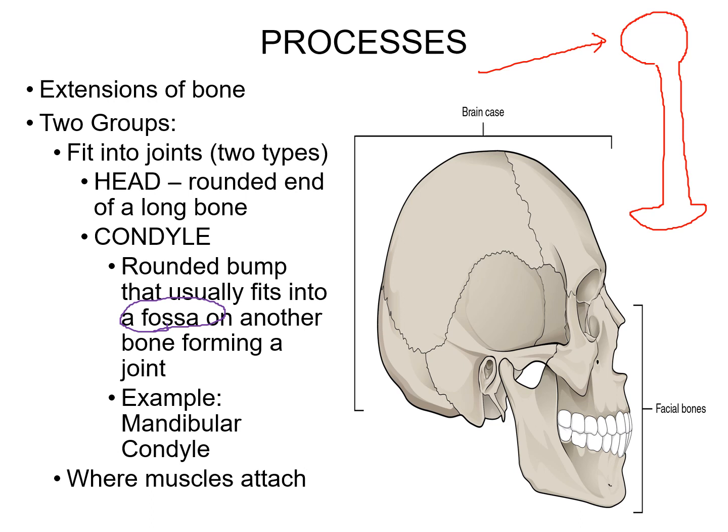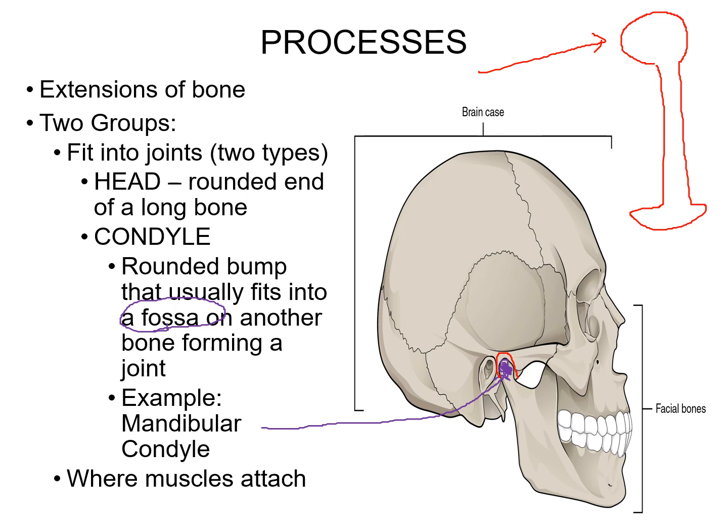To give you an example, we have the mandibular condyle. The mandibular condyle is this rounded surface structure that I'm coloring in purple. As you can notice, it's fitting into this glove-like structure right there, and that would be called the mandibular fossa that we just introduced a few slides back. So typically speaking, condyles fit into some sort of fossa.